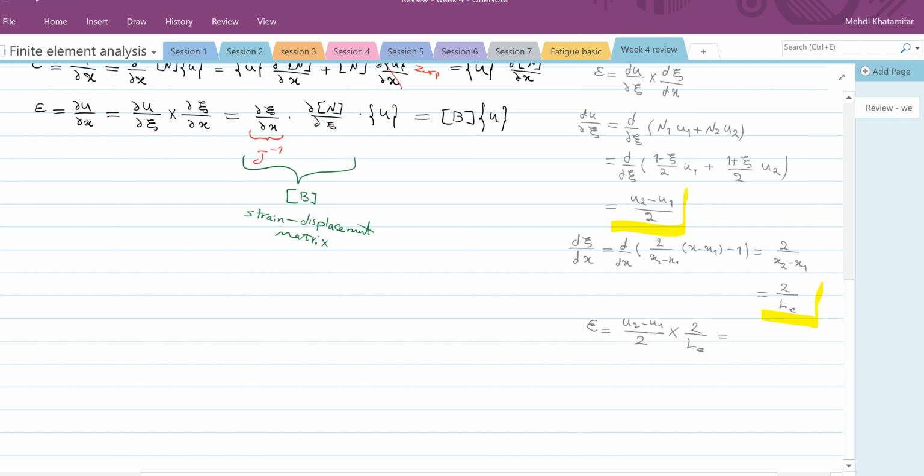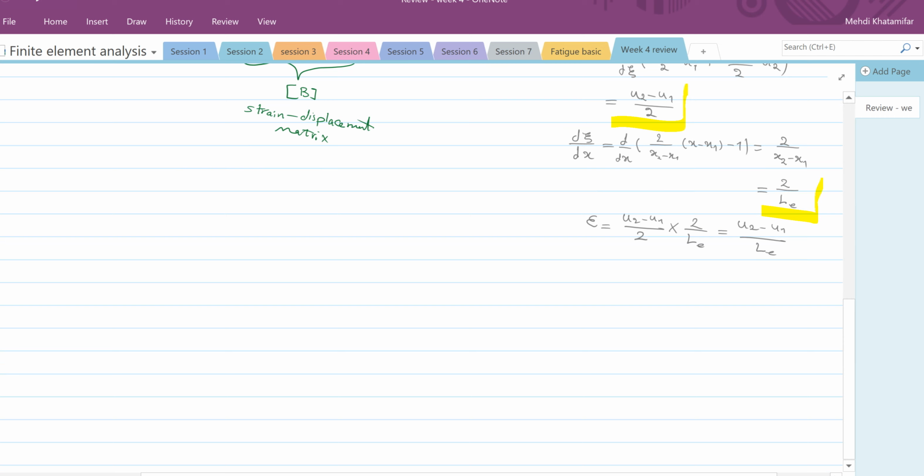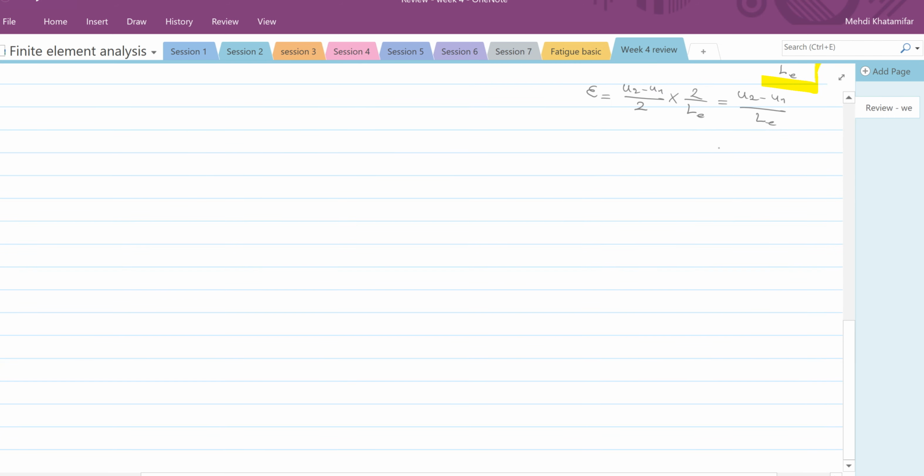So it is going to be u2 minus u1 divided by the length of the element. I'm rewriting this epsilon as 1 over LE times minus u1 plus u2.